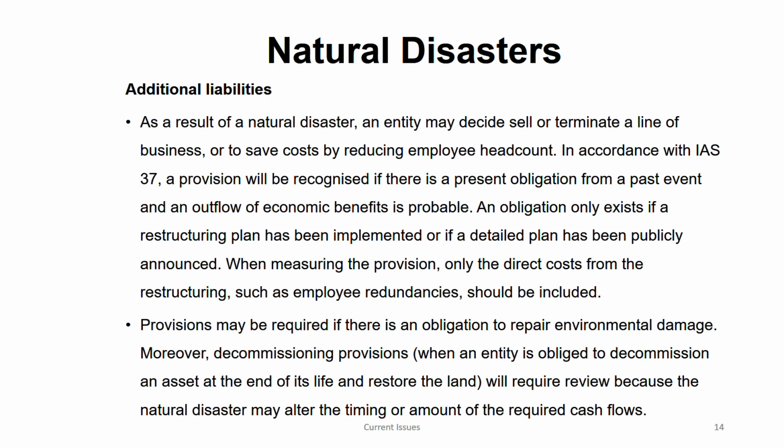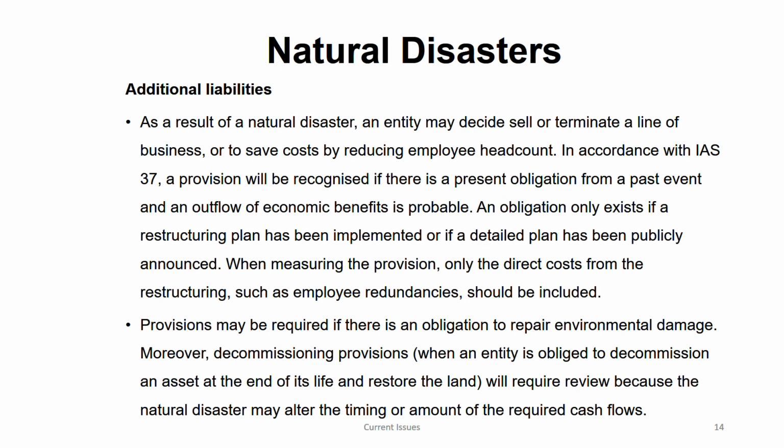Okay. Moreover, a decommissioning provision. What is a decommissioning provision? When you have an obligation to decommission an asset, you don't use the asset anymore. You bring it to the original position it was before you used that asset. For example, you have decided that you are going to build a place or a factory for 4 years or 5 years.